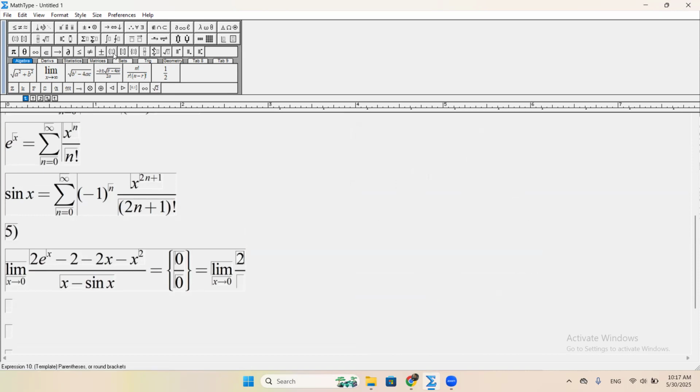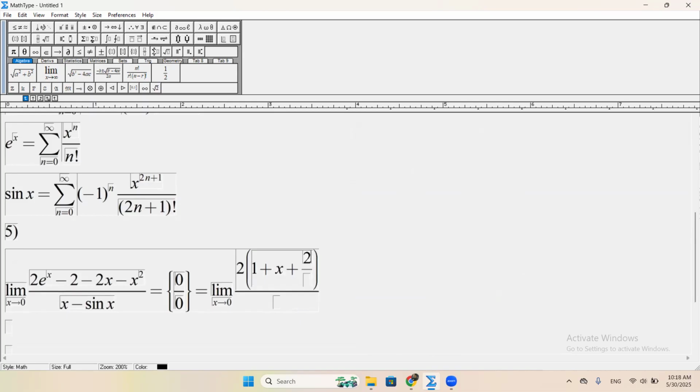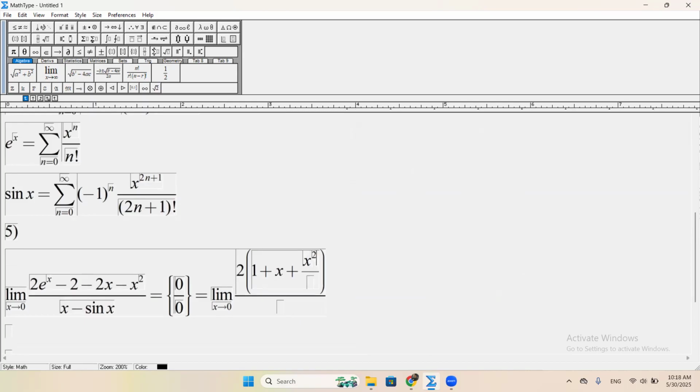So 2, and here which powers do I have? 1 plus x plus x square over 2 factorial plus x cube over 3 factorial, and let's write down one more term, plus x to the power of 4 over 4 factorial, and so on.